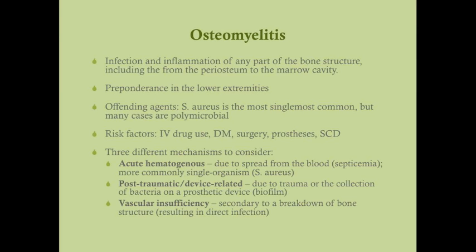So 3 different manners. You can see that IV drug use would lead you to acute hematogenous, because IV drug use would introduce skin flora into the bloodstream. Prostheses would lead you to device-related, and diabetes mellitus would lead you to vascular insufficiency. So that's why those risk factors come into play.